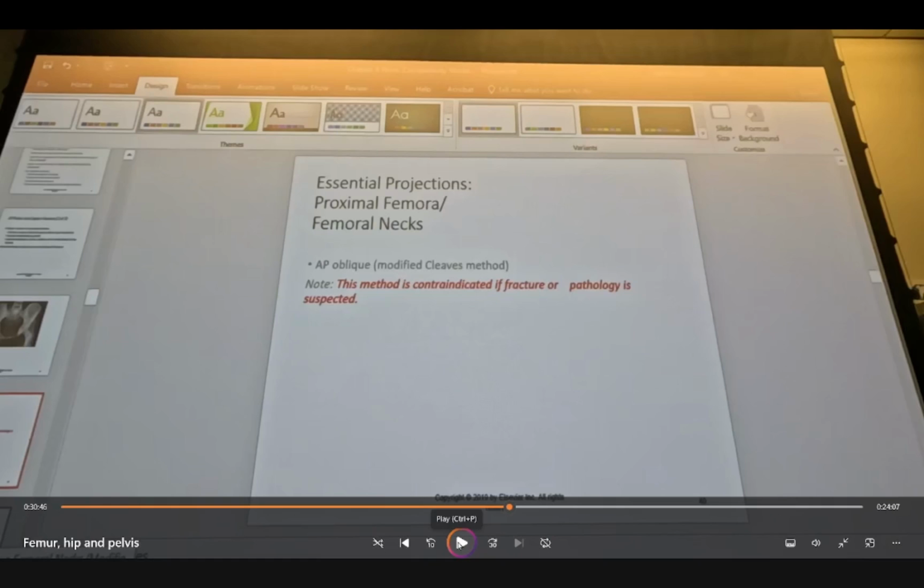And this is a view that we're going to do, or an exam that we're going to do if you know the patient doesn't have a hip fracture. So if a patient has a hip fracture, how they're going to come to you is rotated towards the anatomy of interest. So if their hip is potentially broken on the left-hand side, they're going to be rotated towards the left-hand side. Sooner or later, you're going to have to get whatever's holding them in that position, usually pillows. You're going to have to pull the pillows out from under the patient and have them roll back flat if your order calls for a pelvis.